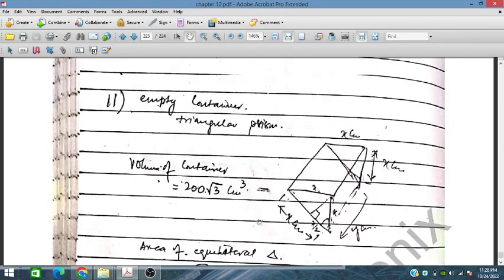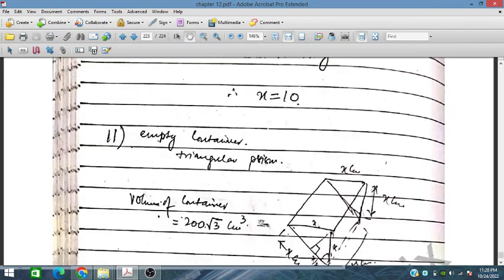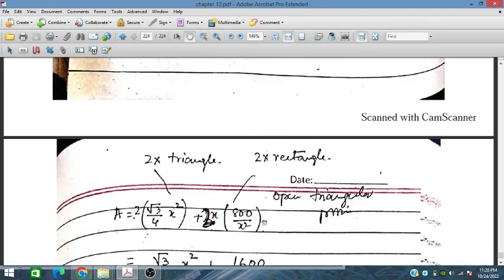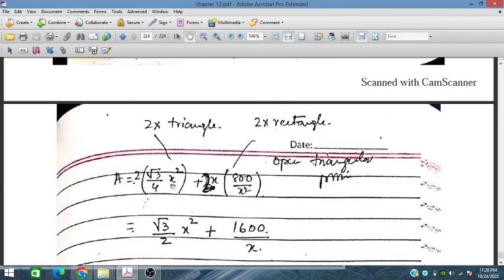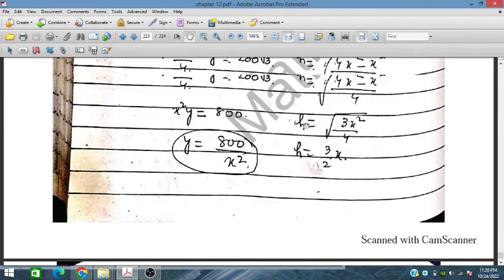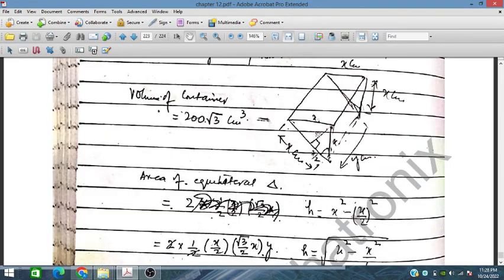Now the surface area comes from two triangles and two rectangles, this triangle and this triangle, this rectangle and this rectangle.